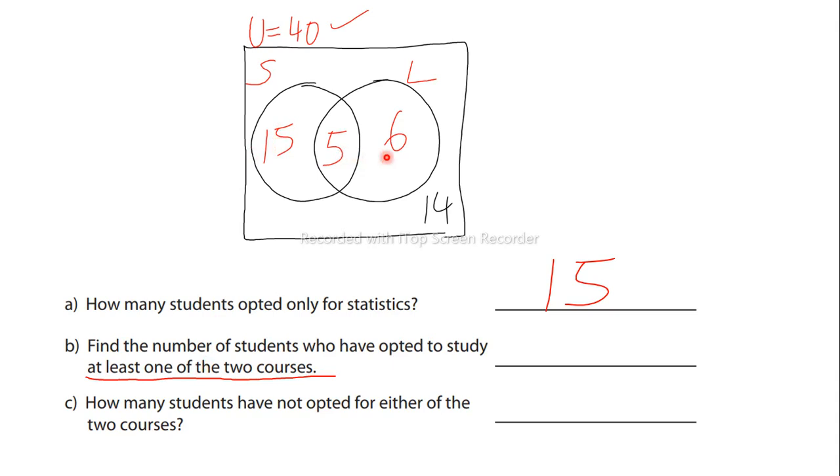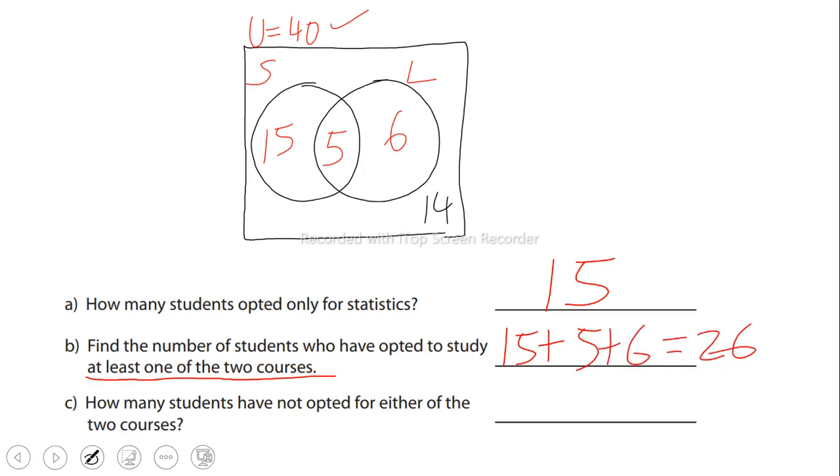Because at least one means that they either did statistics alone, or linear algebra alone, or they did both. So 15 plus 5 plus 6 is 26.